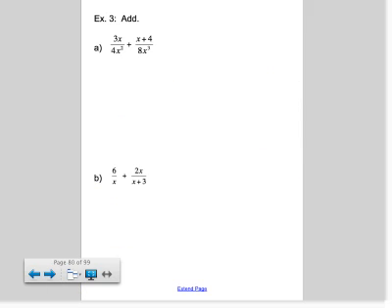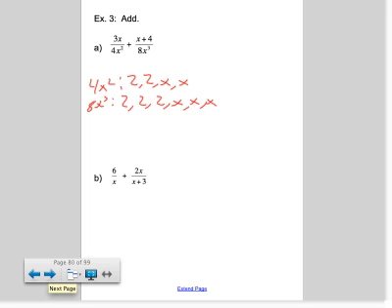Now if you look at part A here, it says add. Again, to add, I have to have the same denominator, so I have to find the least common multiple. So I have 4x squared, and I have 8x to the third. For the 4, I have 2, 2, and x, x, and then over here for the 8, I have 2, 2, 2, and x, x, and x.